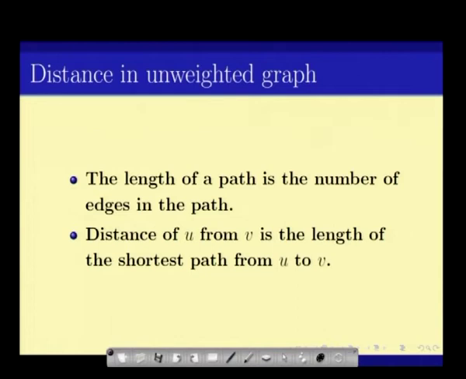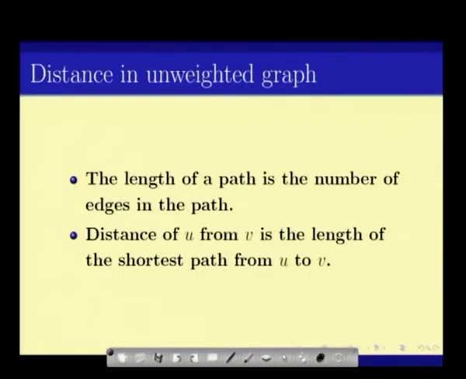Usually the distance in an unweighted graph is the length of the path between any two vertices. Now, the length of a path between any two vertices is the sum of the edge weights assigned to all the edges in the path. So, the distance from u to v is the length of the shortest path from u to v.